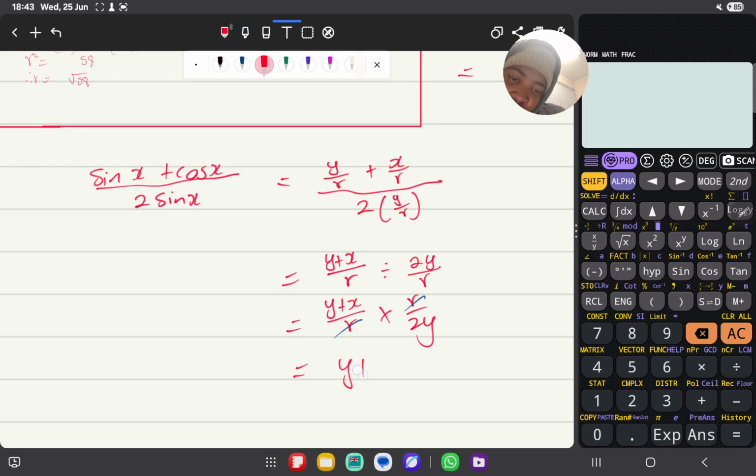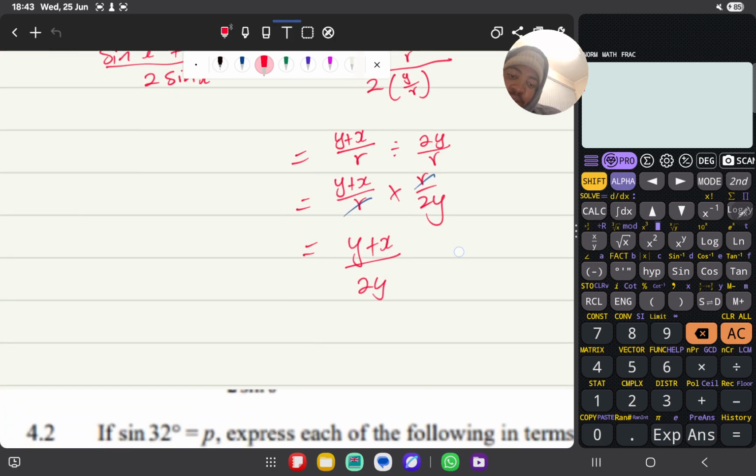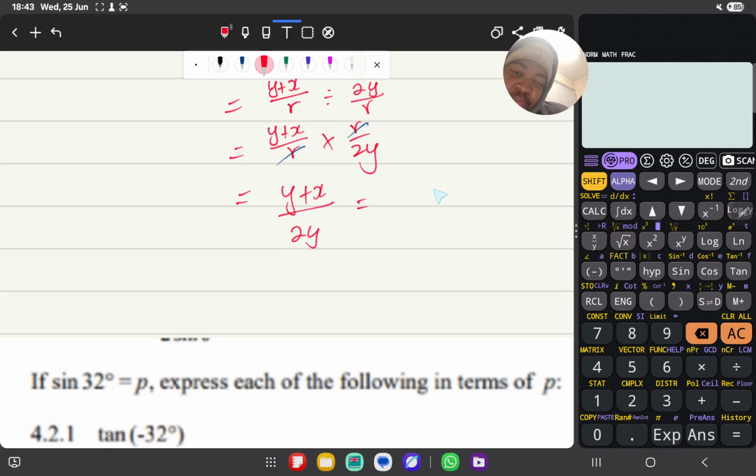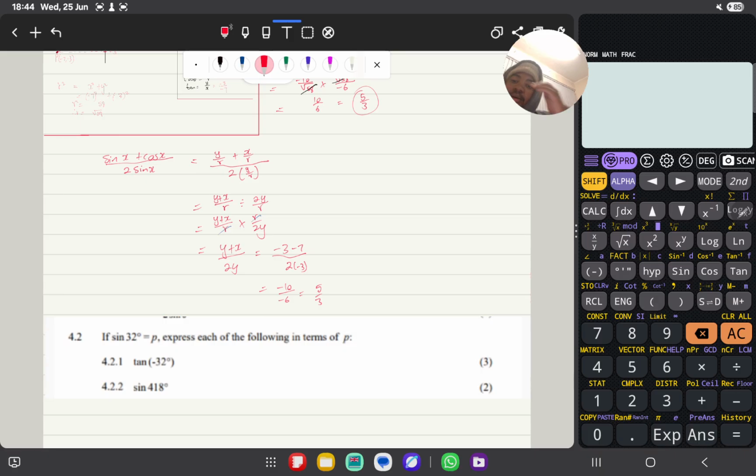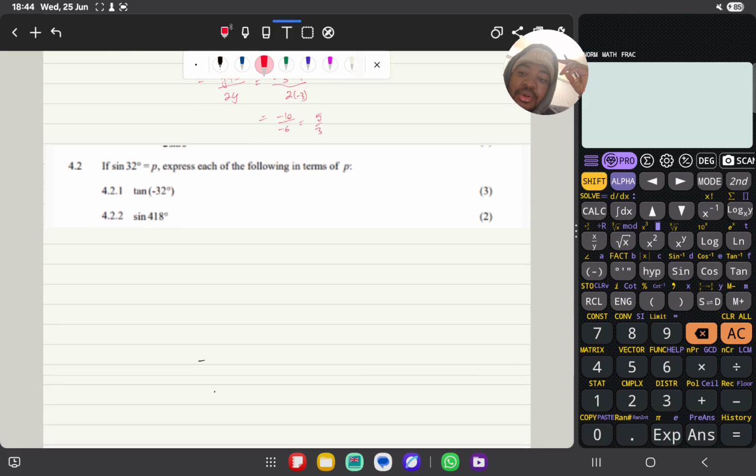Then you have y plus x over 2y, and by substitution that is minus 3 minus 7 over 2 into minus 3, which is minus 10 over minus 6, which is 5 over 3. So we are done with that problem. Let's move on.